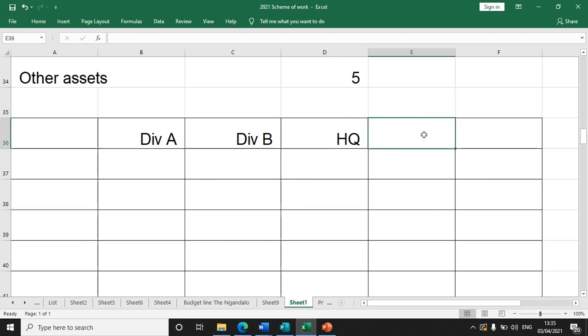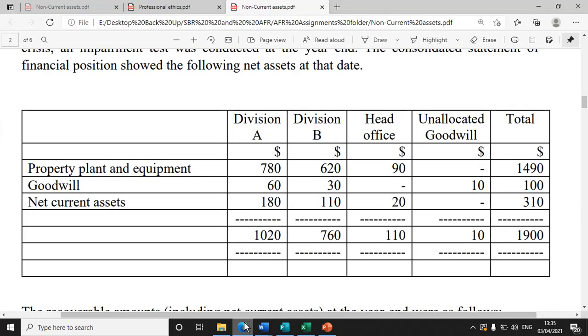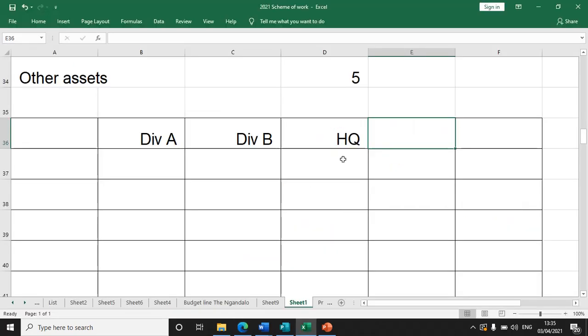You've got the issue. If I look at my table again, you have got unallocated goodwill. Yes, unallocated goodwill. We can just take our time to write something there. What else do you have? You have got total there, so I'm going just to deal with it.